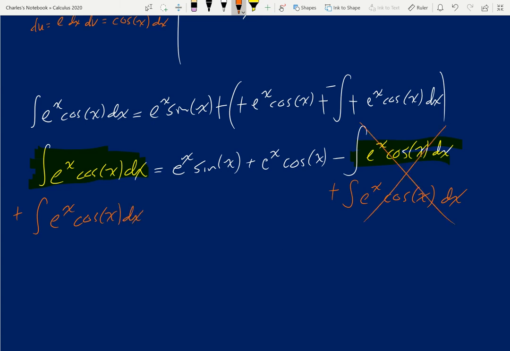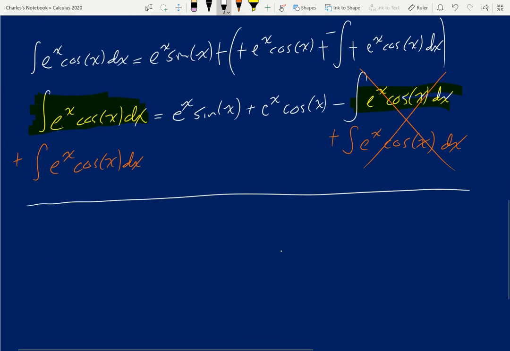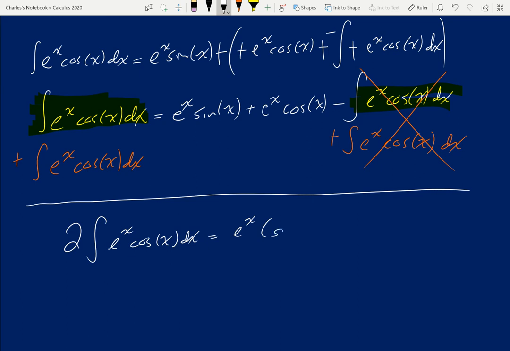These would cancel, and I would be left with 2 times the integral of e to the x cosine of x dx is equal to e to the x times sine x plus cosine of x.